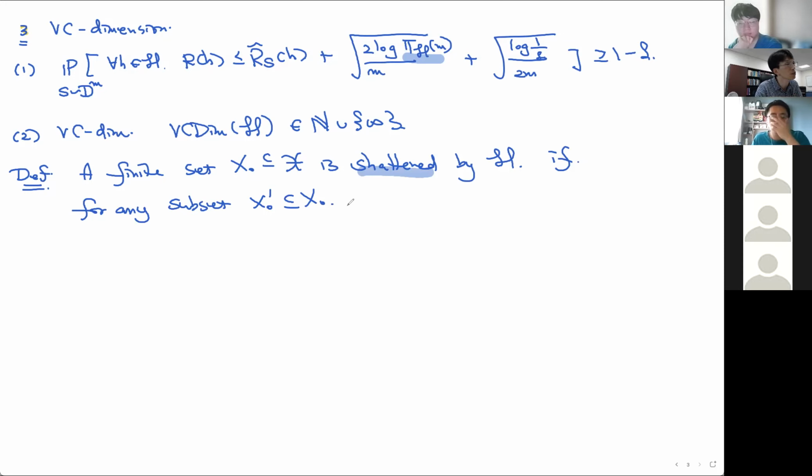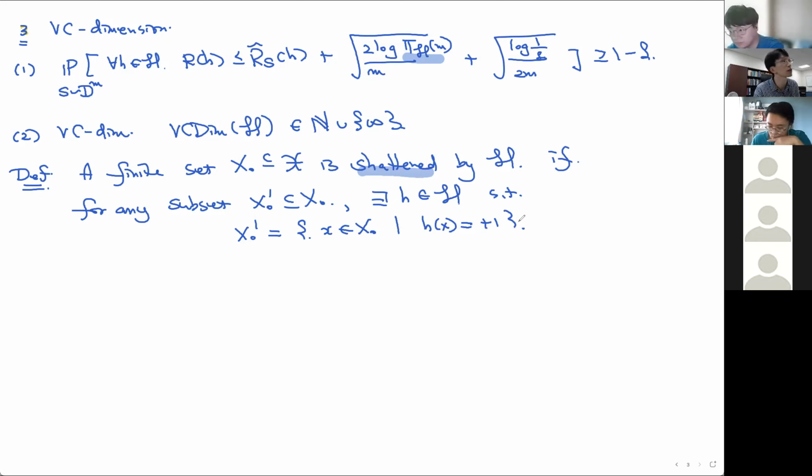So for any subset, there exists a hypothesis in H such that it achieves zero error. x0 prime is exactly the same as the inputs x in x0 such that h of x equals positive.